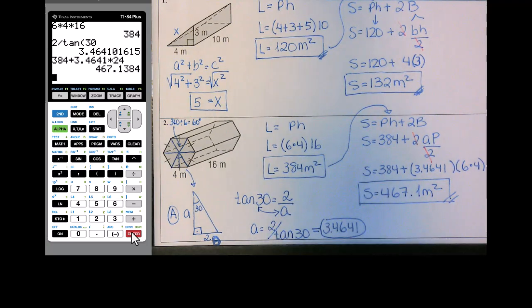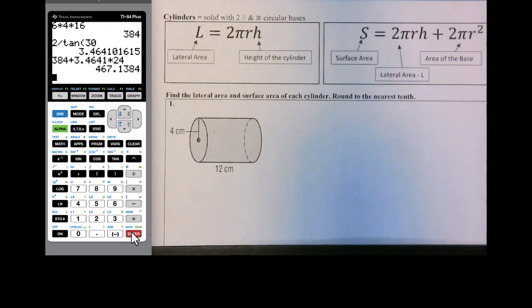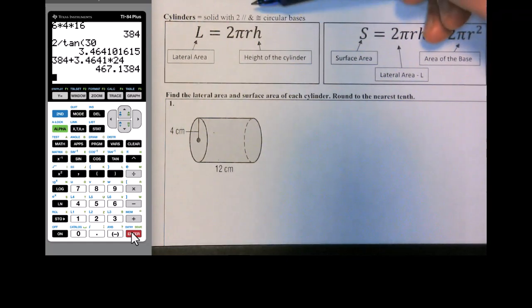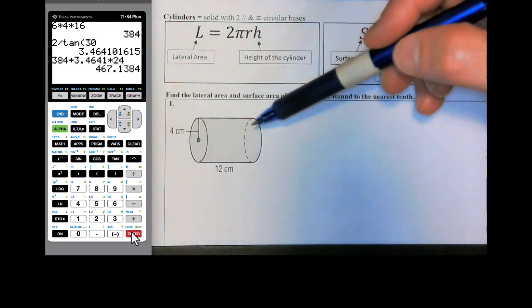Okay, and there we go. Here is the next set of problems, and this time we're going to talk about cylinders, which is very similar to prisms in the fact that it has two congruent bases, but the bases happen to be circles.